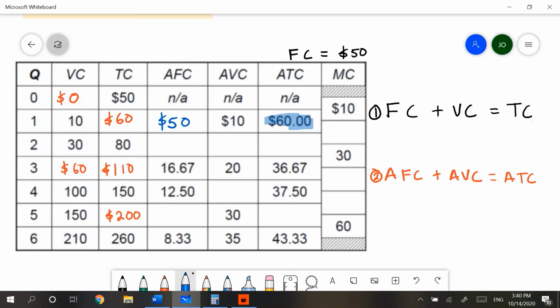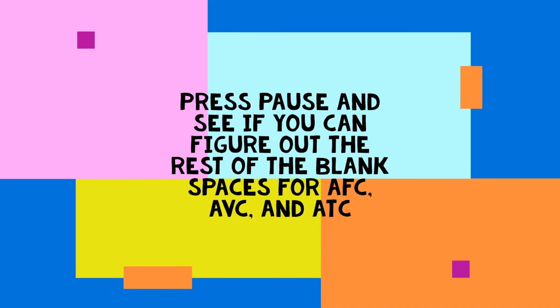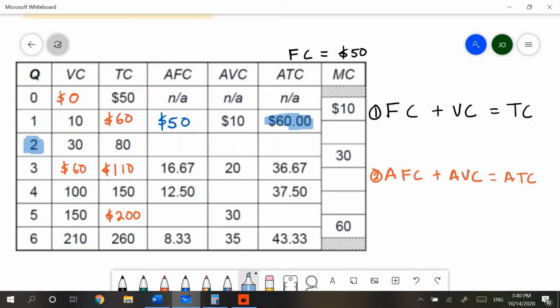Another way to approach this is by taking a $50 and dividing it by 1. We'll use this approach from now on to figure out all the other spaces. For quantity 2, I will divide $50 divided by 2. This means that my average fixed cost will now be 25.